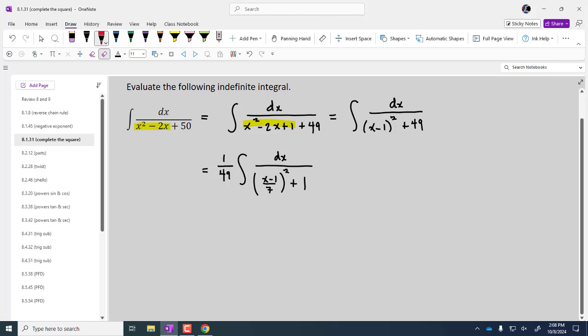So you can imagine writing a 49 in the numerator and denominator so that you're then factoring out this 49 in the denominator, and then you want to write what's left as a single quantity squared. So we want to factor out those 49s into the bottom, rewrite that as a single square. Now it's in arctan form with reverse chain rule.